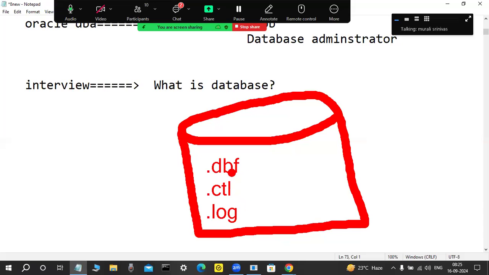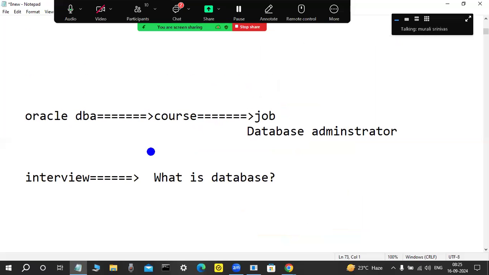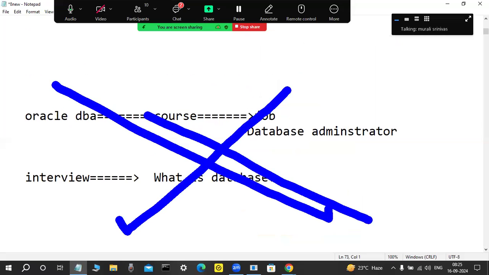But administrators are well-known persons. That's why anybody attending an Oracle DBA interview, when asked what is a database, tells the physical structure. These are physical structure, .dbf files, .ctl files, .log files only. But you are not an administrator. Really, you don't have an idea of physical structure.